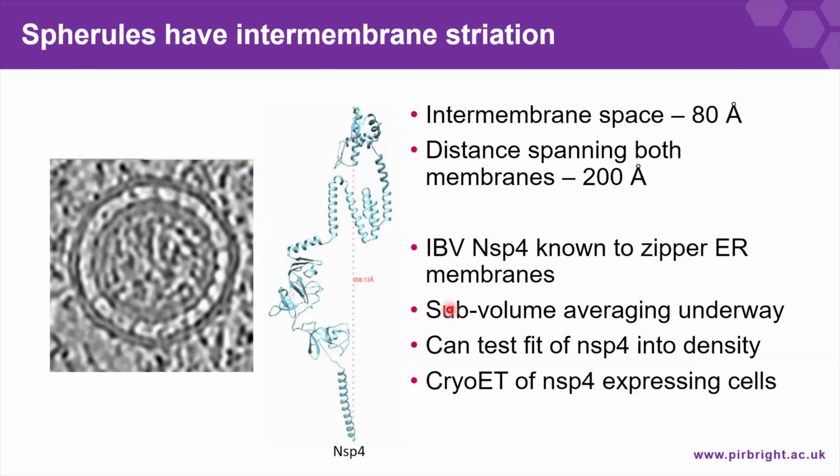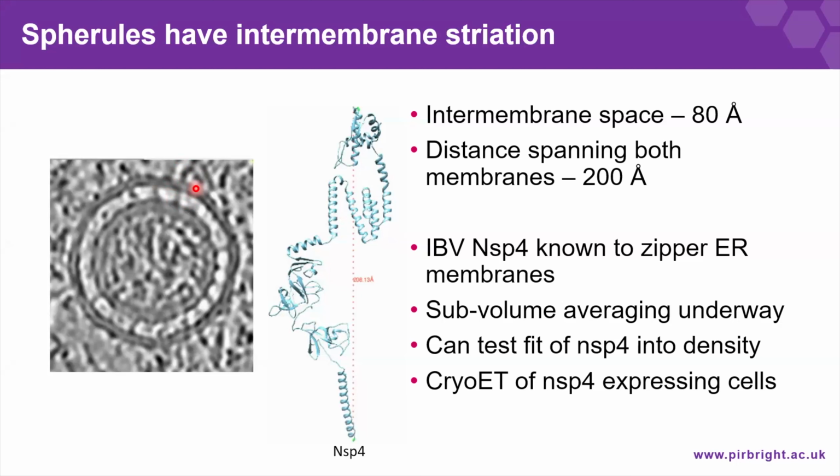And interestingly, if you take the AlphaFold structure for NSP4, you have transmembrane domains at either end of the protein. The total distance here is 208 angstroms, and the distance between these domains is about 80 angstroms. So it's really tempting to say that this protein here might be NSP4.